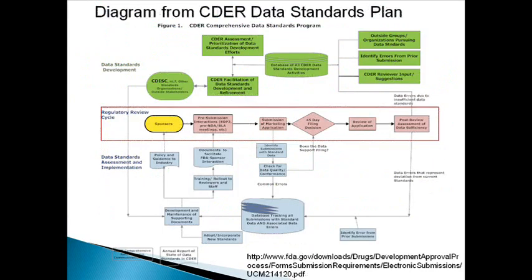And the next slide shows you a diagram taken from the CDER Data Standards Plan. And I'm not going to walk you through all the different points of this diagram. But if you go to the website and download the CDER Data Standards Plan, you can take a close look at this diagram and relatively easily get a sense of what this is about.